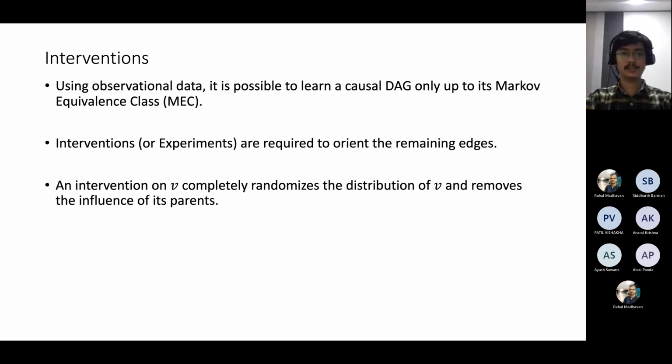So what is an intervention? An intervention on a variable or a node V randomizes the distribution of V, and it removes the influence of the parents of V on V. So in this causal DAG, we can see that if B is intervened on, then the distribution of B will be randomized and the edge from A to B will break as shown in the diagram.